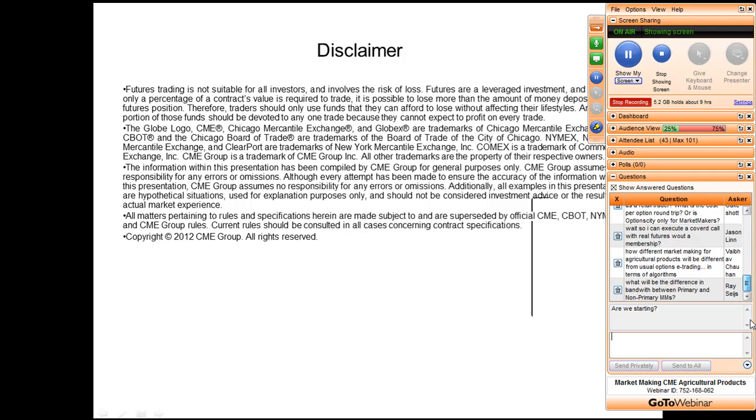What is the bandwidth difference between primary and non-market makers? I think that's that main slide. You get more bandwidth as a primary, and the more primary you are, your bandwidth can go up and up. That is correct. There is no set rule. It all depends on your performance and the liquidity that you're providing to our options.